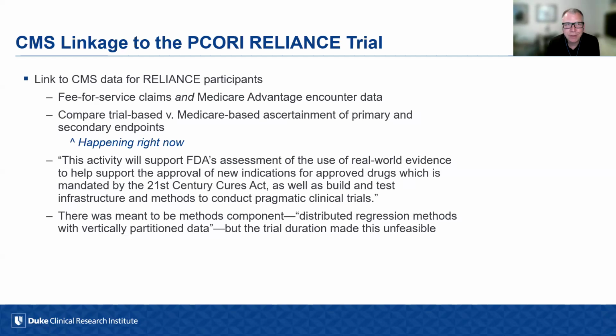One of the things that everybody learns when you compare trial collected data with real world data is that sure, it's true that real world data is not perfect, but it's also probably a little true that the trial data is not perfect.